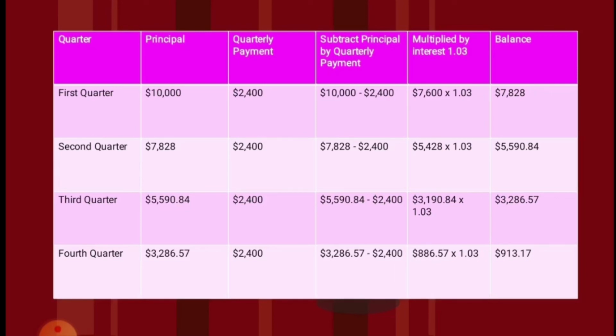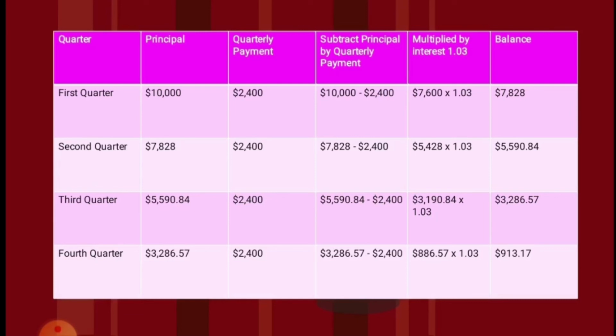7,828 will be our new principal also for the second quarter. And then we subtract it again by the quarterly payment 2,400, and by subtracting $7,828 by 2,400, we get a difference of $5,428, as you can see on the fifth column.